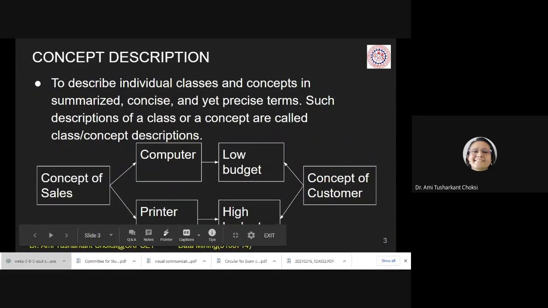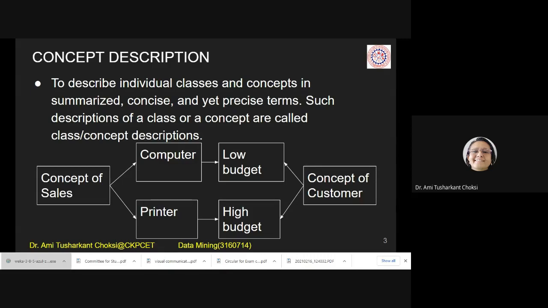Concept description, in normal terms, you can say we have already seen the example. Yes, we have seen the concept hierarchy. Now we want to learn concept description. Okay, so it is to describe individual classes and concepts in summarized, concise and yet precise terms.